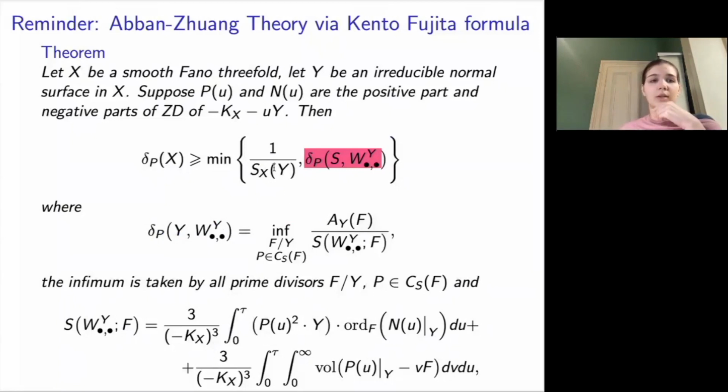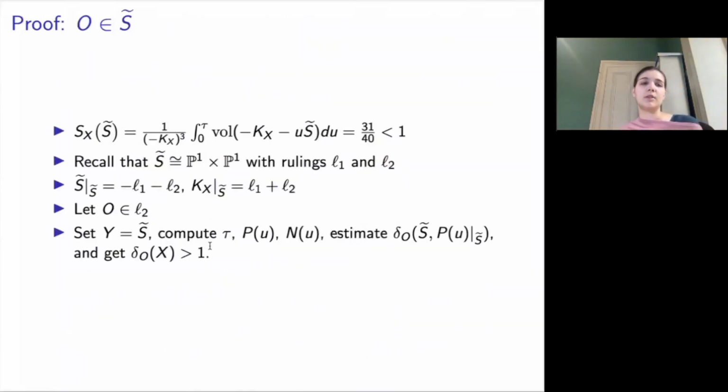So we had a threefold, a surface, and a point on this surface. Since we fixed the points on the threefold, we need to find some surface for which we can compute these two numbers and then apply the theory. Okay, suppose we have our point O in the surface S tilde which we had initially.